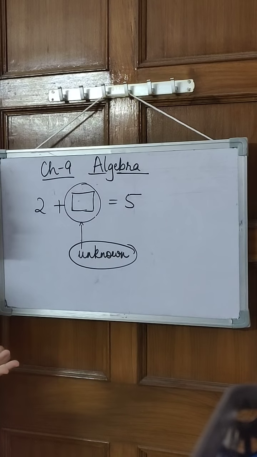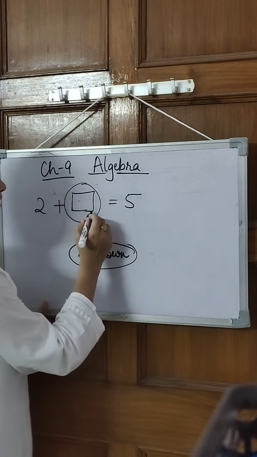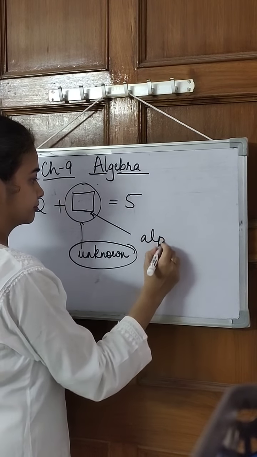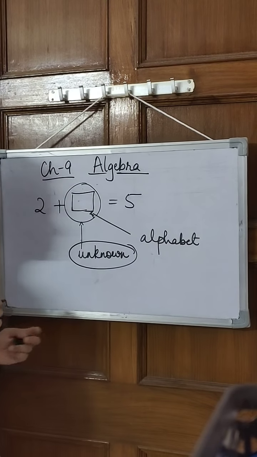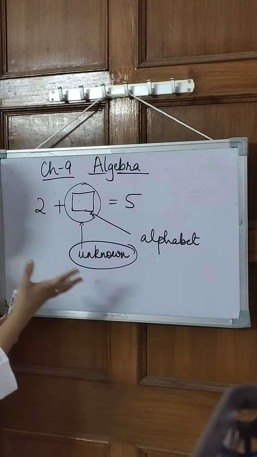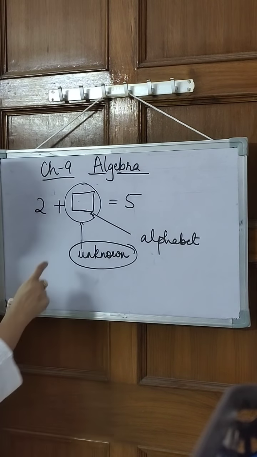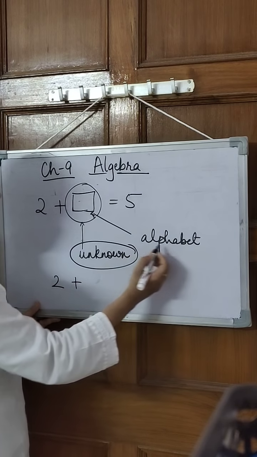Now in algebra, instead of using a box, what we do? We use alphabets to represent this unknown value. So instead of writing a box, I can write 2 plus any alphabet.